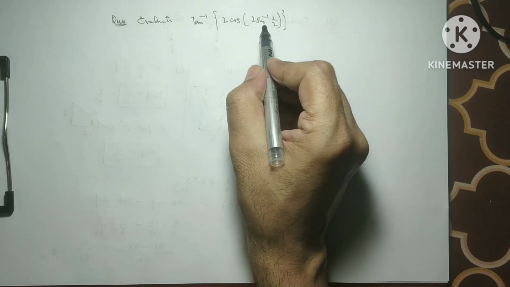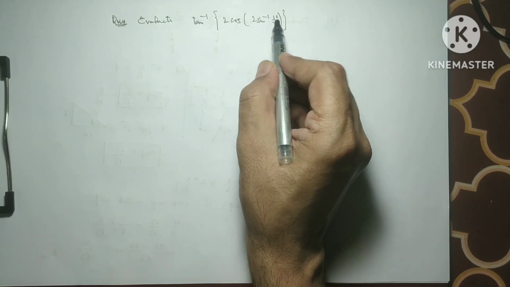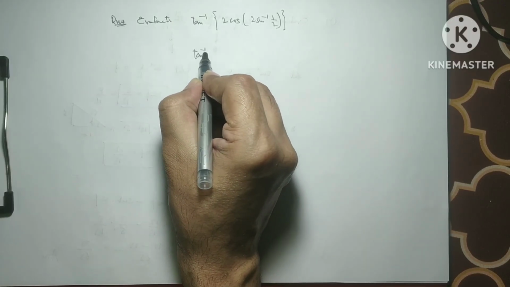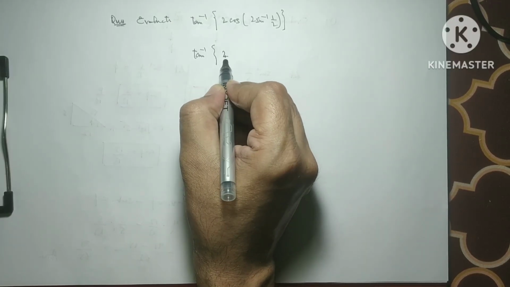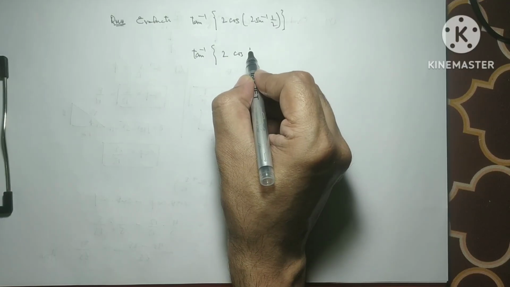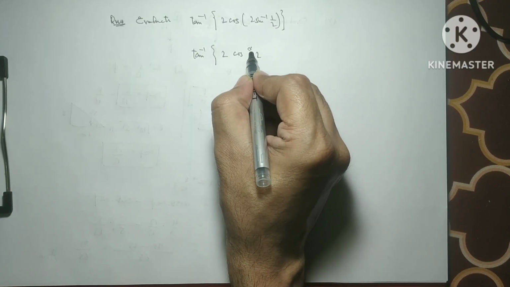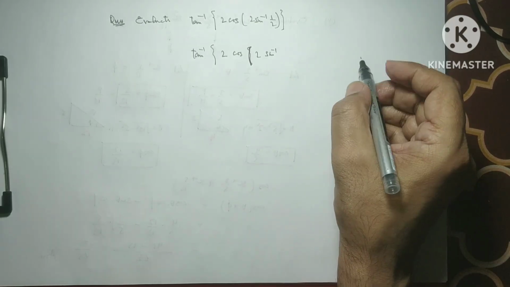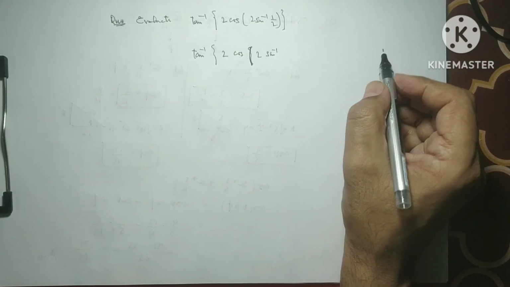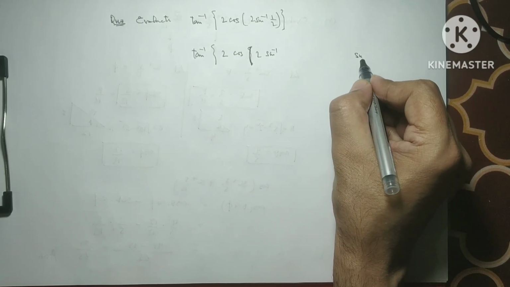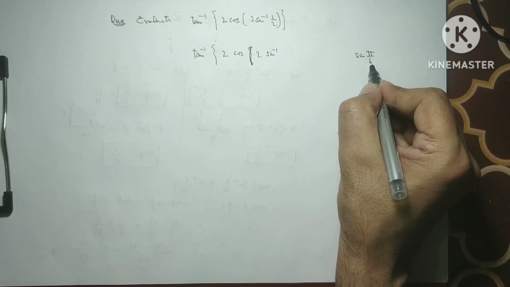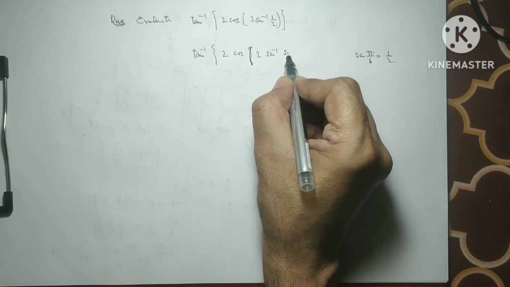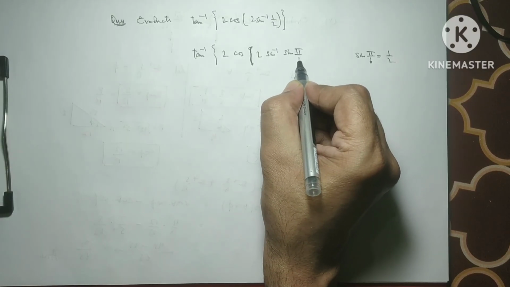So right now we consider sin inverse half, tan inverse, this is 2 cos of twice of sin inverse half, and half in terms of sin is sin pi by 6. So it is sin pi by 6, that value is half, we put it here, that is sin pi by 6.